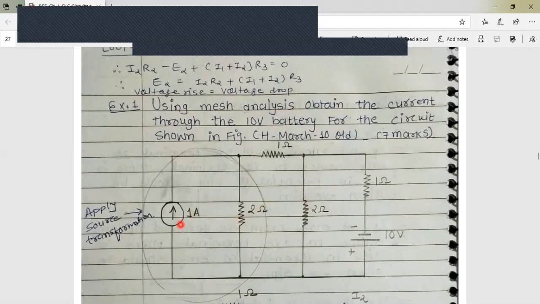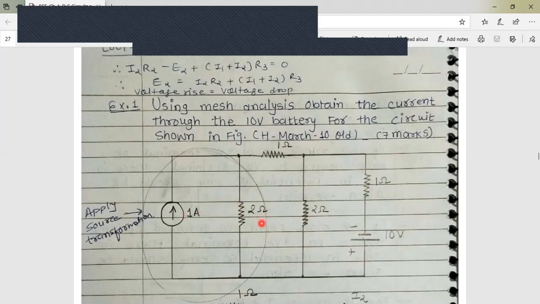In the circuit, 1 ampere is a current source, 10 volts is a DC voltage source, and these resistances are given. We want to find the current flowing through this branch, through this voltage source.